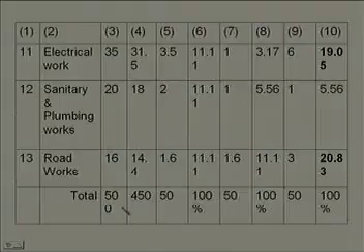Now, if you see the remaining 3 activities, for activity 11, you find in column 10 a very high margin of 19.05% has been used. For road works, again a high margin of 20.83% has been used.